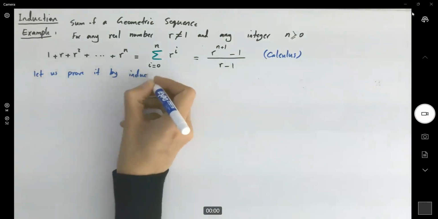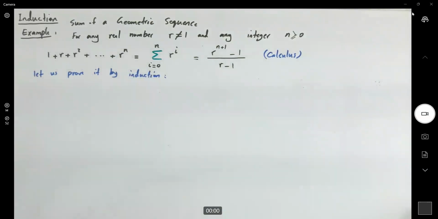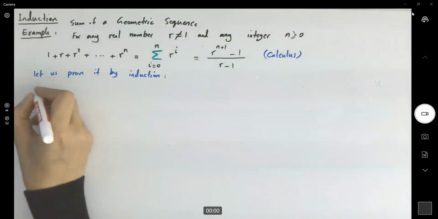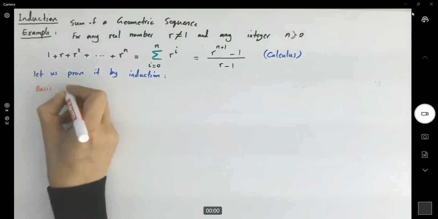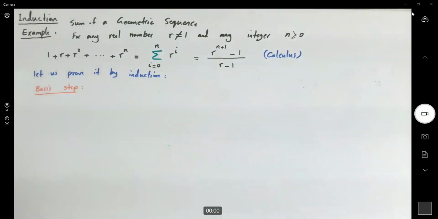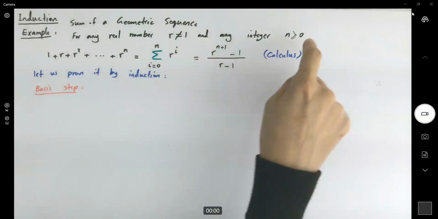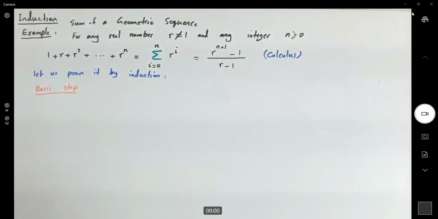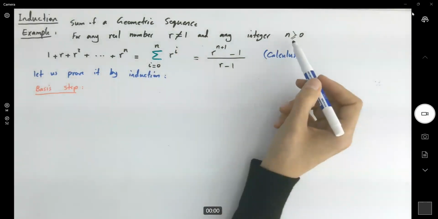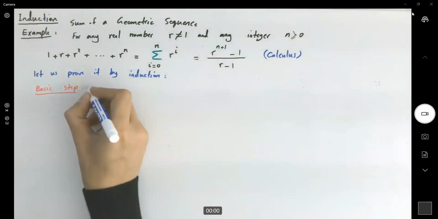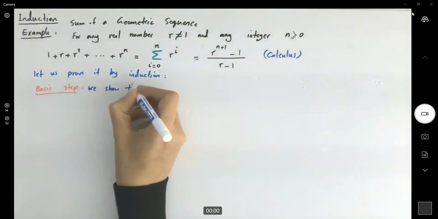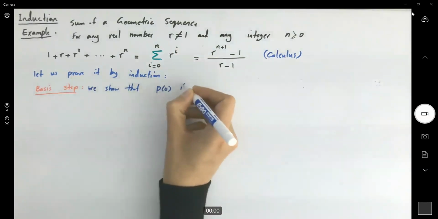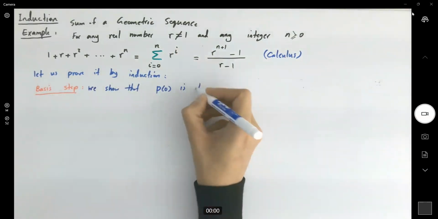By induction. Remember that the very first step in induction is the basis step. In the basis step, we take the very first element in the domain. Are we working with R or are we working with N? It depends on n. So we show that P of 0 is true.